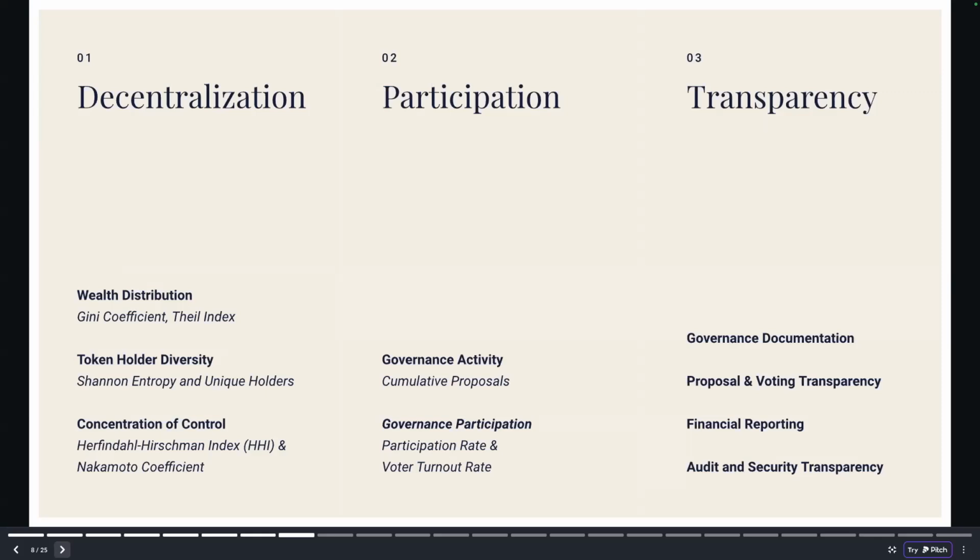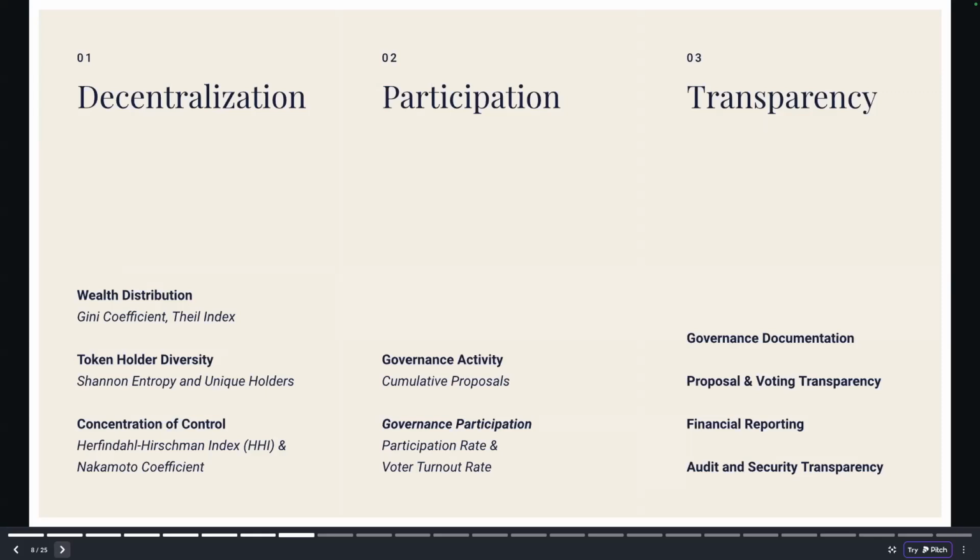Then I also looked at the participation in governance proposals, first looking at the activity, how many proposals there are, and then at the participation rate and the voter turnout rate.